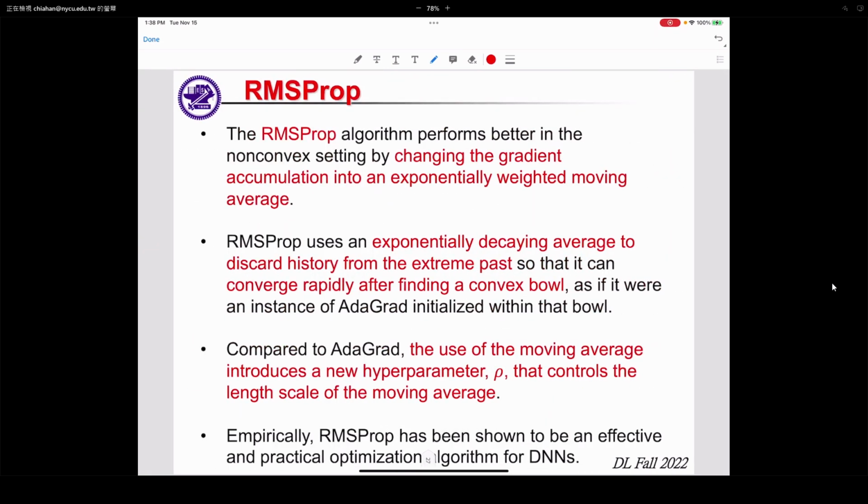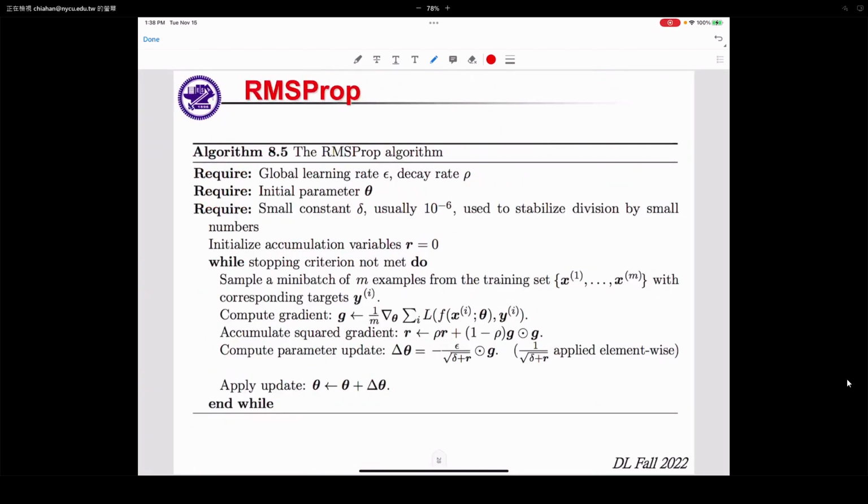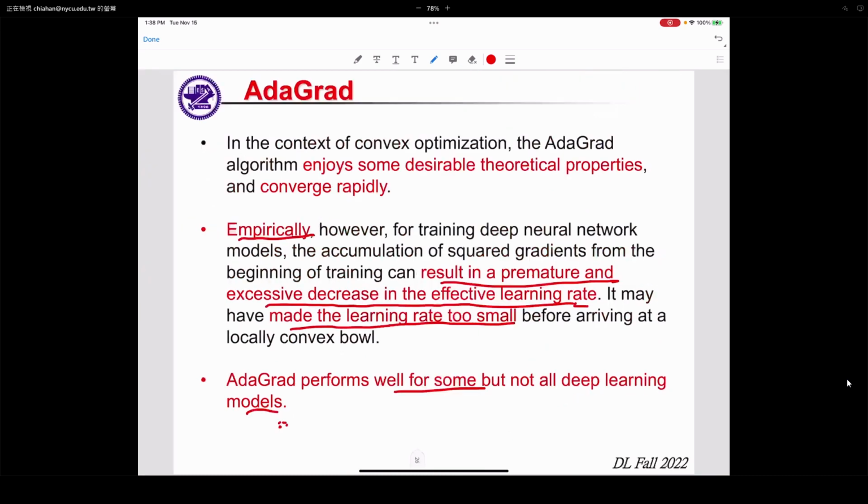Okay, so today we will continue with this track and talk about this. The first one is the RMSProp. Okay, so you can see here. What do we see here? What's the difference here from the last time? Can you tell the difference by looking at the algorithm?